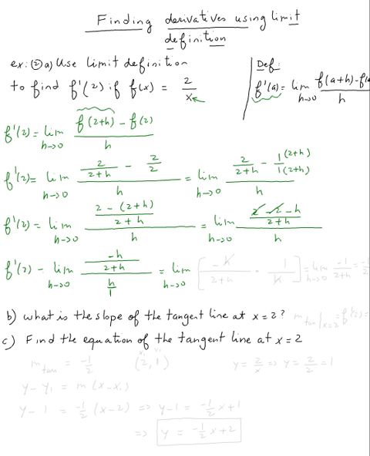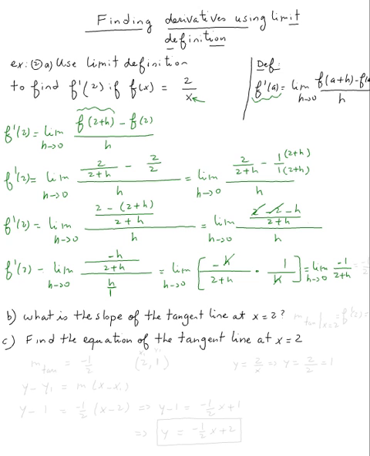To divide by h over 1 is the same thing as multiplying by 1 over h. So this is the limit of negative h over 2 plus h times 1 over h as h approaches 0. Now I'm going to simplify this. Simplify the h, and you get the limit of negative 1 over 2 plus h as h approaches 0.